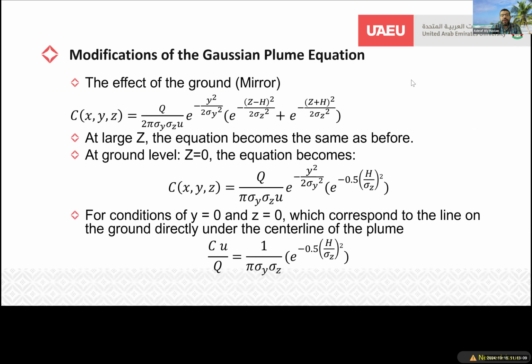So for the modification of the Gaussian plume equation, the very first important thing is to have something we call a mirror.